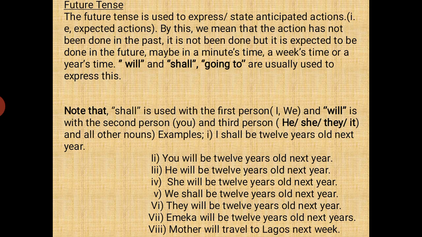They will be 12 years old next year. Emeka will be 12 years old next year. Mother will travel to Lagos next year. You find out that we use shall with I and we, while we use will with you, the third person, and the other singular nouns.